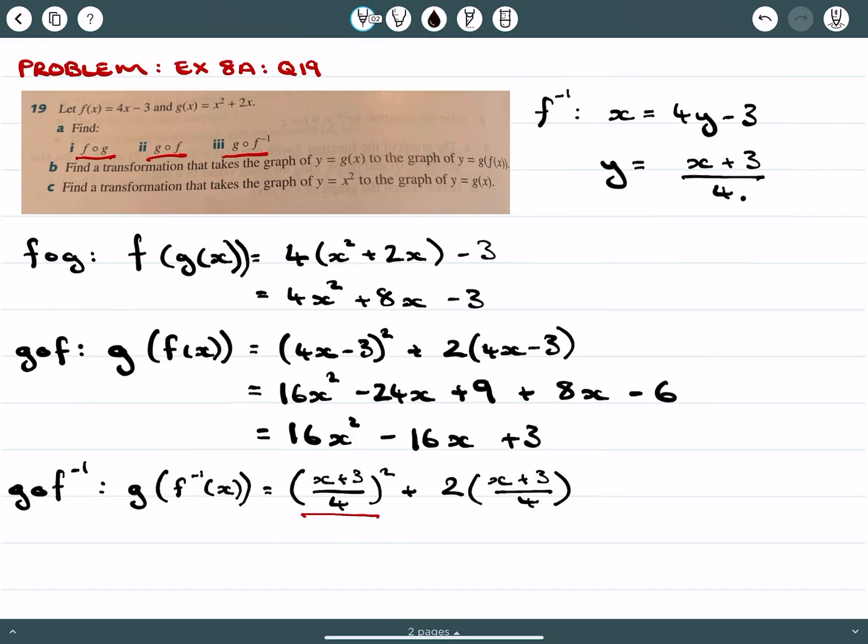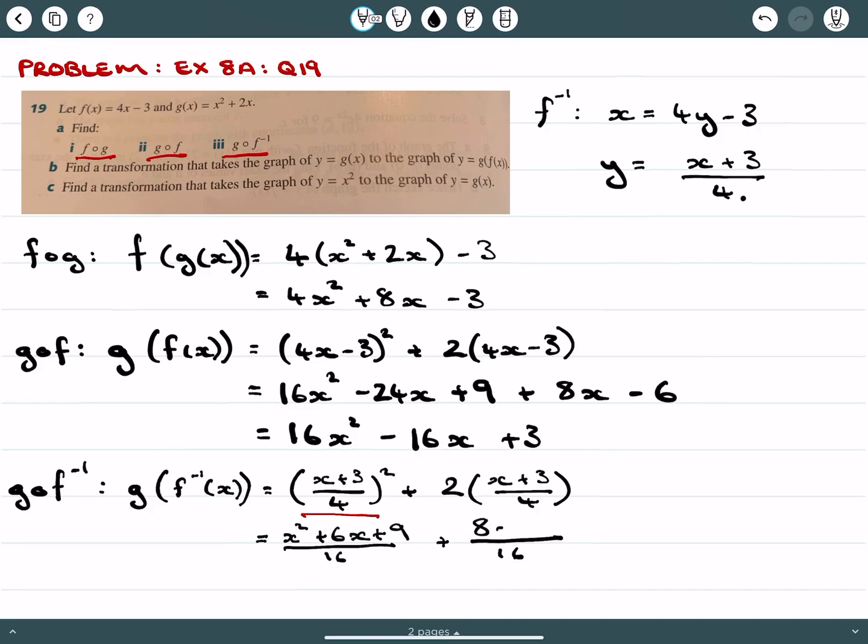However, if I push it a little further, what I get is (x squared plus 6x plus 9) on 16. And then I expand this, but I'm going to expand it so that it's all over 16, because that way we have a common denominator and we can combine the terms.